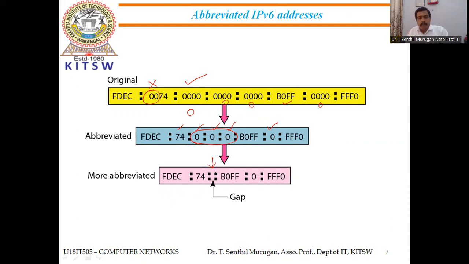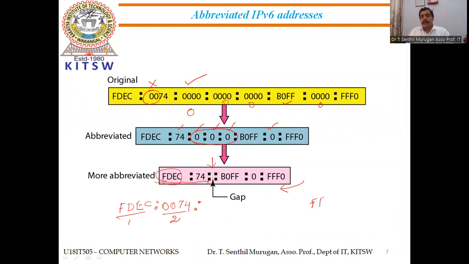Okay. While you are expanding, what you have to do? You have to start from the left side up to the double colon. Okay. So here these four numbers will come again the same. FDEC colon 74 is there. That means we can add 0074. Then the double colon is there. You will keep it here. Then you have to start from the right side, because how many zeros you want to include, you don't know. Okay. So total 8 blocks. Here one block over, here second block over. Then we will start from the right side.